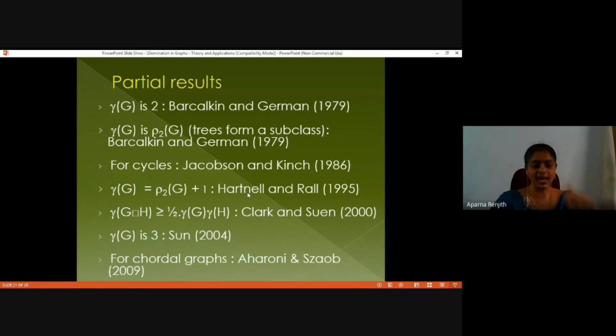And for cycles, Jacobson and Kinch proved in 1986 that Vizing's conjecture is true. And in 1995, Hartnell and Rall proved that the conjecture holds for a particular class of graphs for which gamma of G equals rho 2 of G plus 2. Rho 2 of G is another graph parameter, the details of which I am not explaining due to time constraint. Those who are interested can contact me personally.